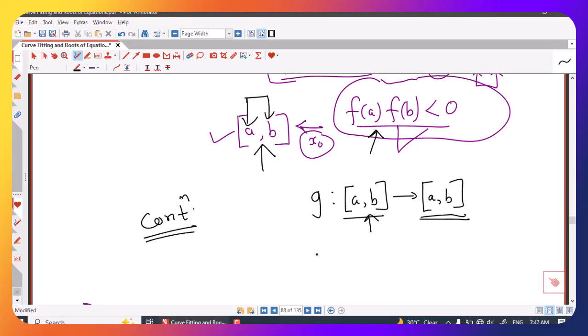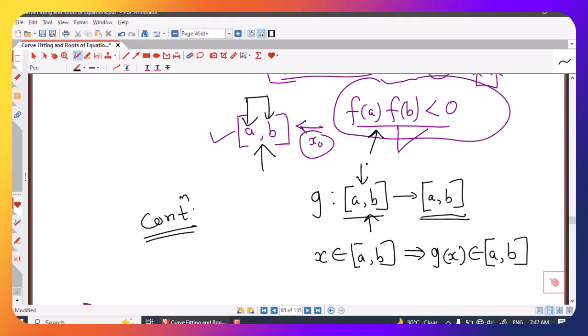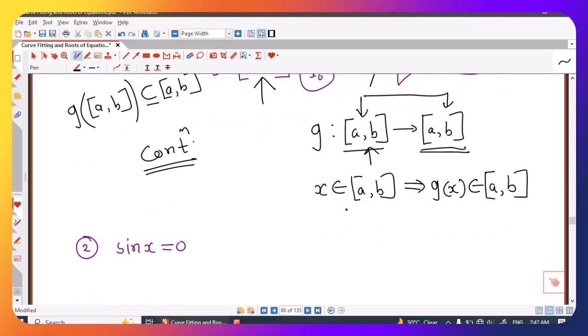Second requirement is, if I take any x in this interval, then the value of g(x) must also remain in this same interval. In other words, the iterative function g maps this interval into itself, that is g([a,b]), the range, is a subset of the domain of g, and the function g must be differentiable on this interval.